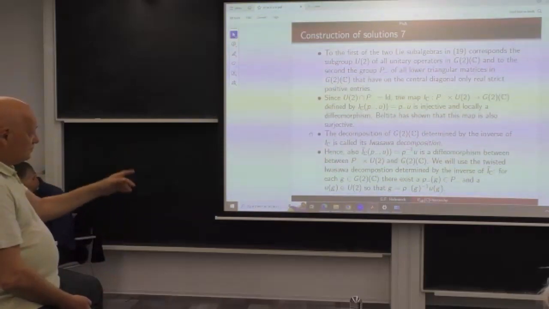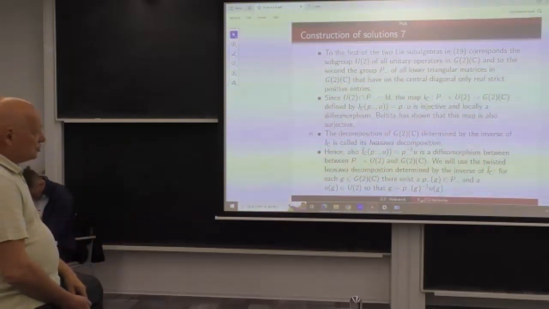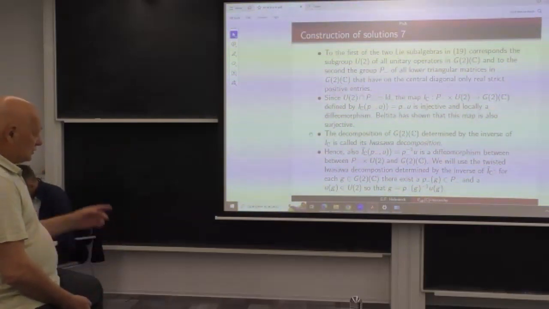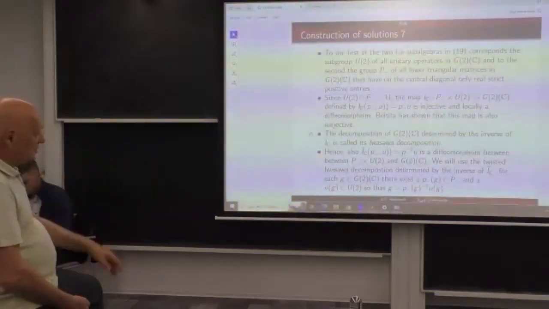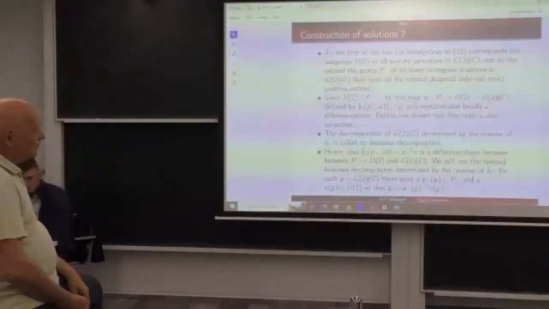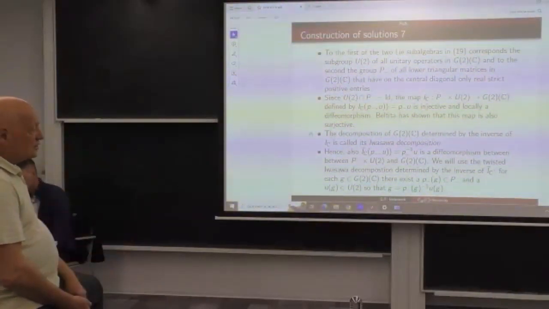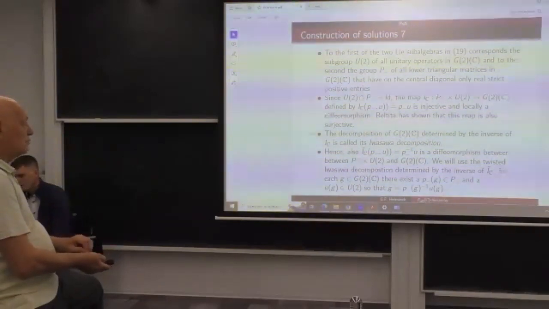Now, if you multiply with P minus inverse times U, then this is also a diffeomorphism.